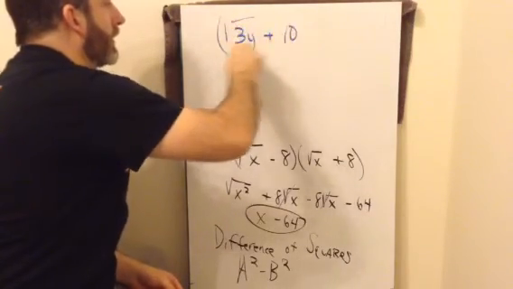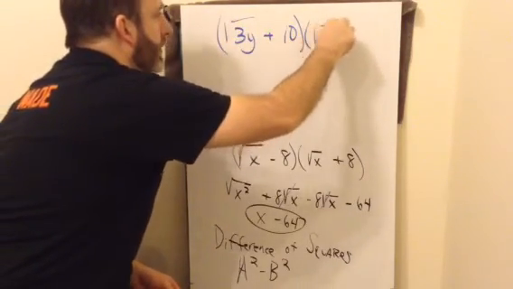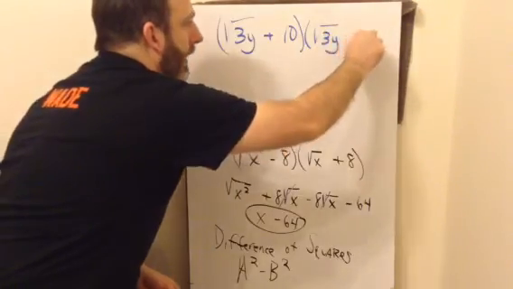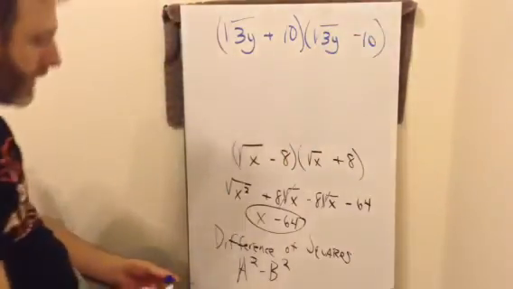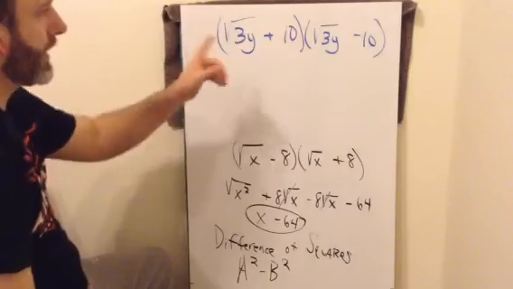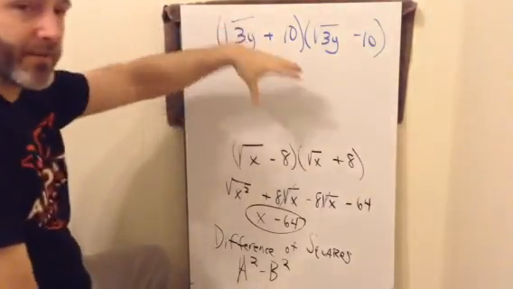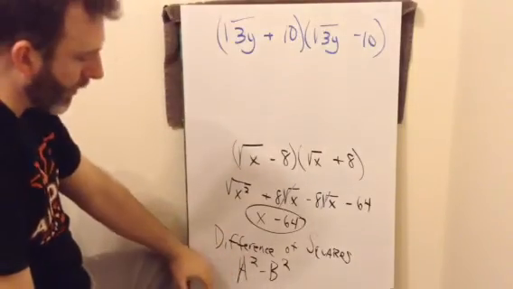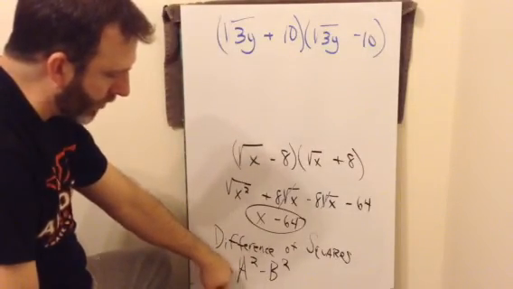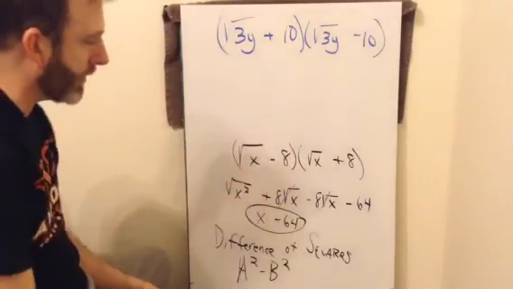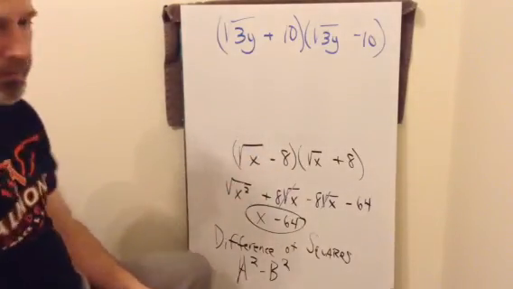Times square root of 3y minus 10. Okay, so I want you to recognize that same first term, same second term, these are conjugates of one another, and then it'll be a difference of squares. I want you to first try it with the shortcut, and then if you're not sure, double check it with your FOIL. Okay, we'll do that in the next clip.